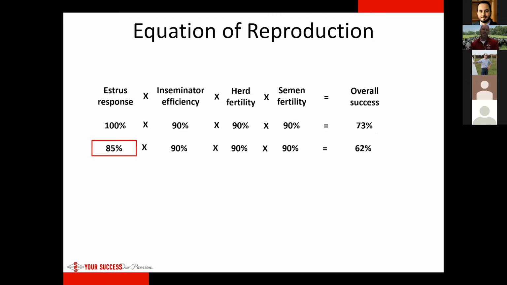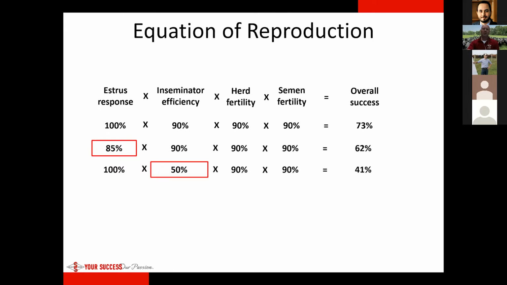If we go from the first example with a timed insemination to the second example where you're doing a heat detection program, a good 85% heat response is good. All things considered, keeping other things constant, you can go from a 73% overall success rate in your insemination on a group of cows down to 62%.